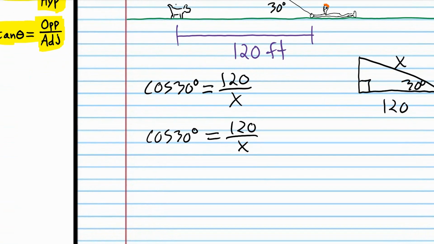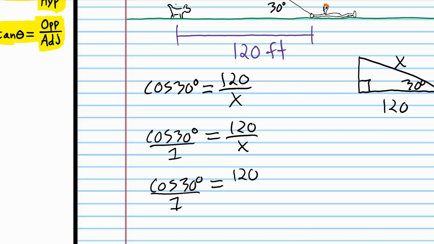angle, so we don't really need a calculator, but just so you can see that the calculator is going to give us the same answer, we'll go ahead and just use the calculator for that. So we're writing cosine 30 over 1. And then we're going to cross multiply.